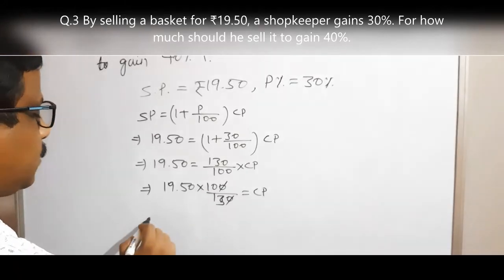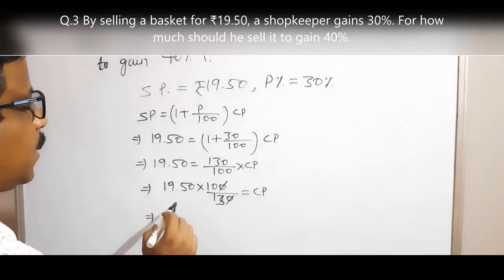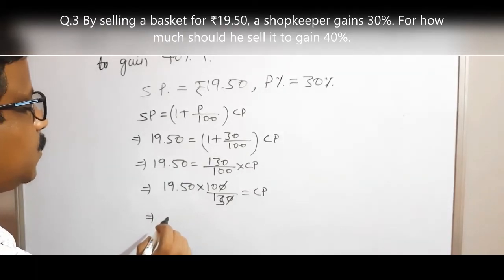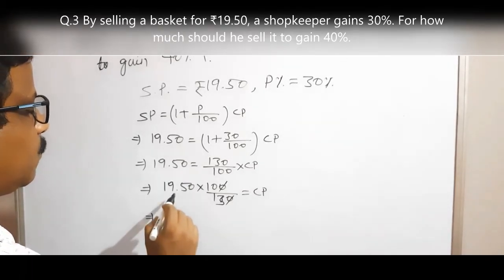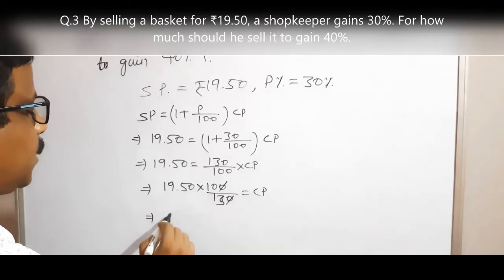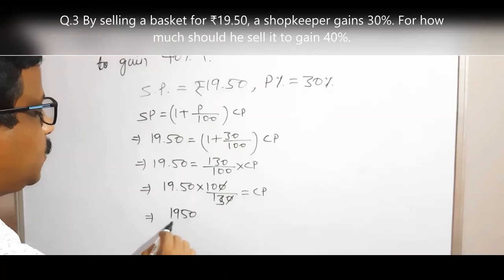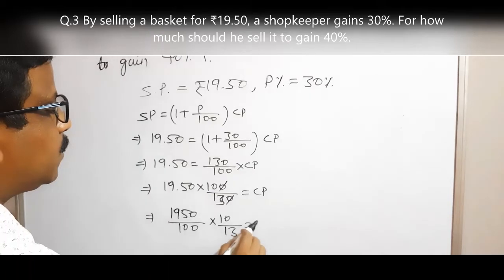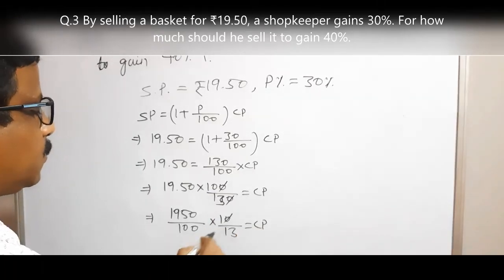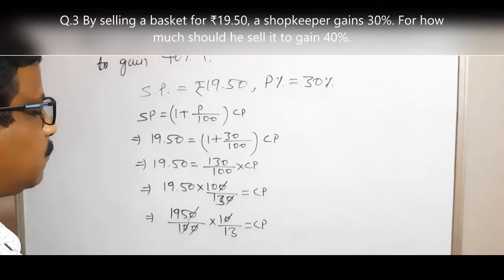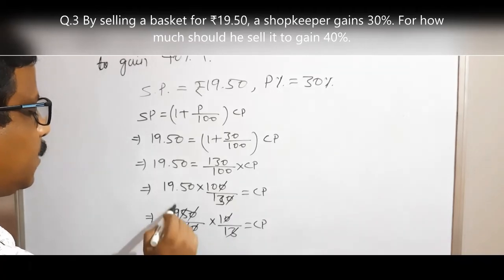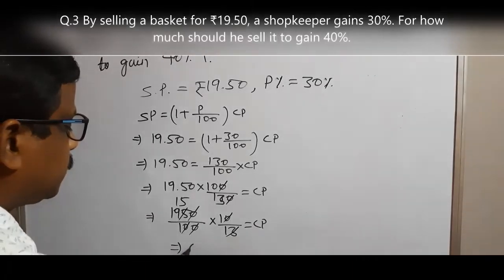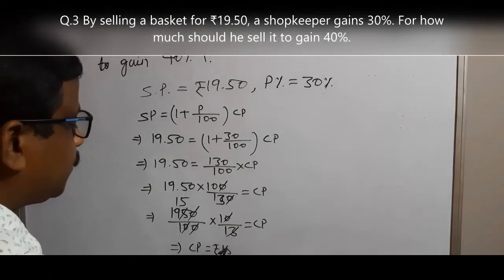Now 10 by 13. 195 is divisible by which number? 19.50 you change into fraction. 1950 by 100 into 10 by 13 is equal to CP. So 0 cancel, this 0 cancel. Now 13 divides 195, we will get 13, 15. So CP is equal to rupees 15.